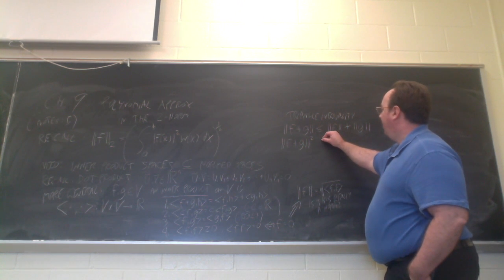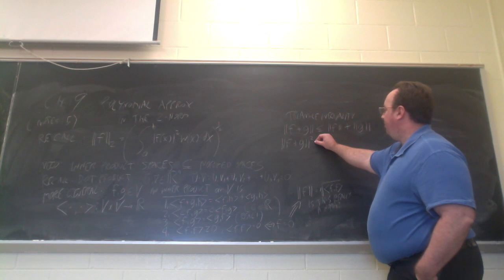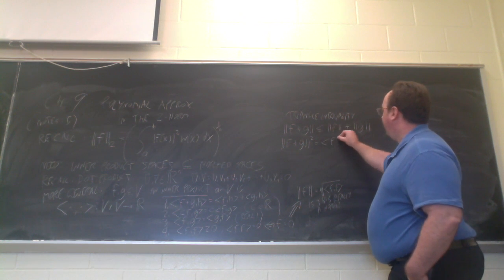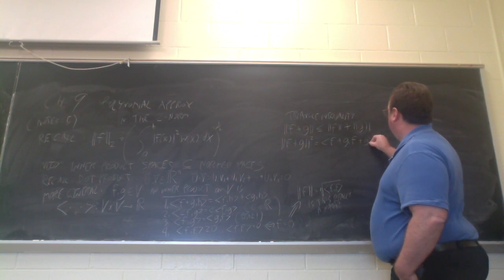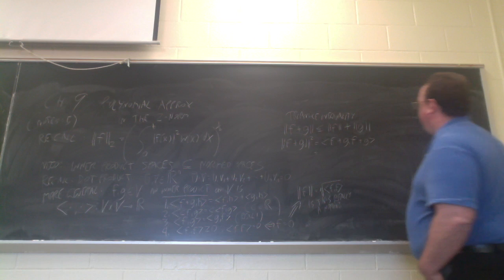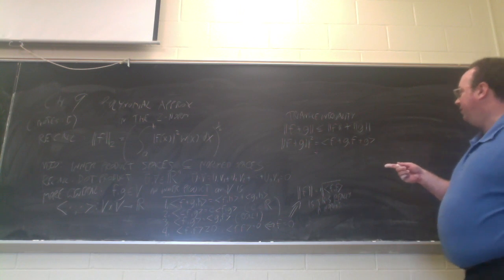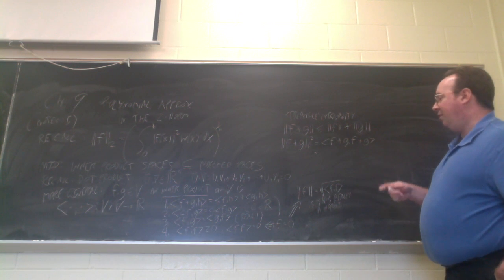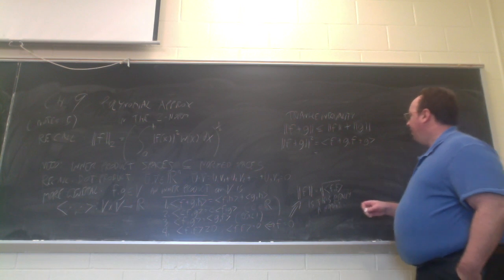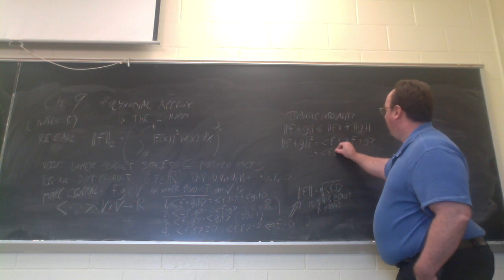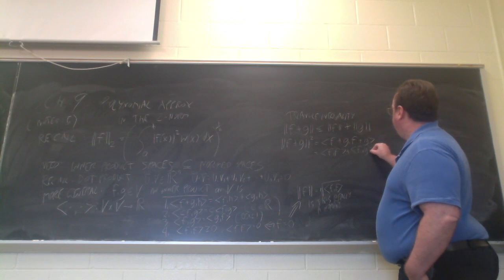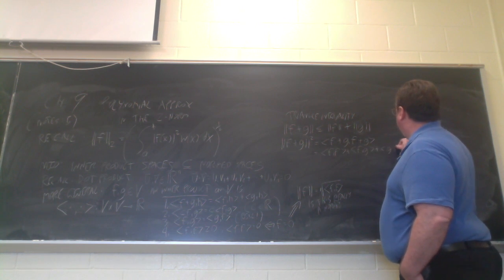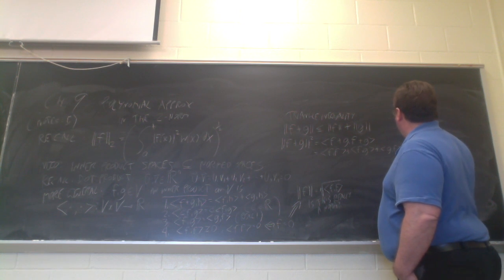Now that is the inner product of f plus g with itself. Now, if I use the linearity properties, property 1 and property 3 together, that would be the same as (f,f) plus (f,g) plus (g,f) plus (g,g).